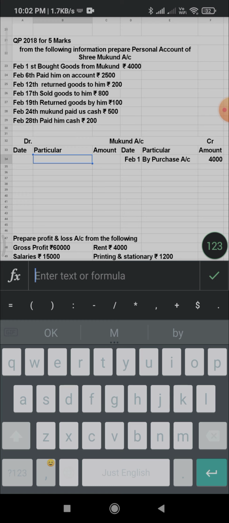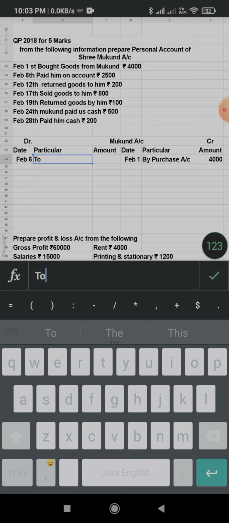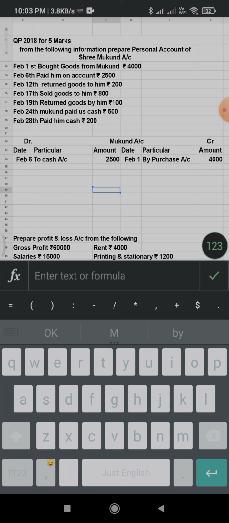The date is the 6th. To cash account. What is the amount? 2,500.